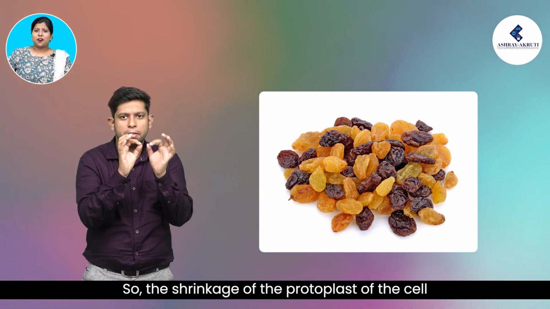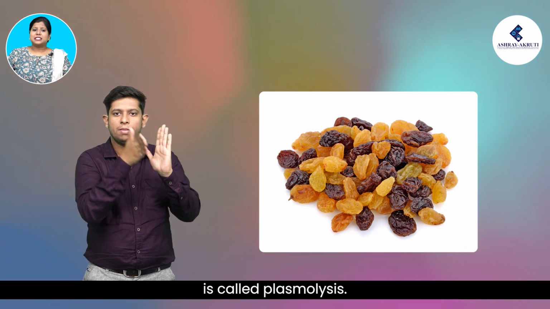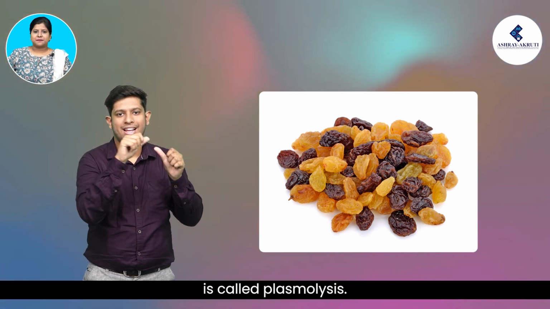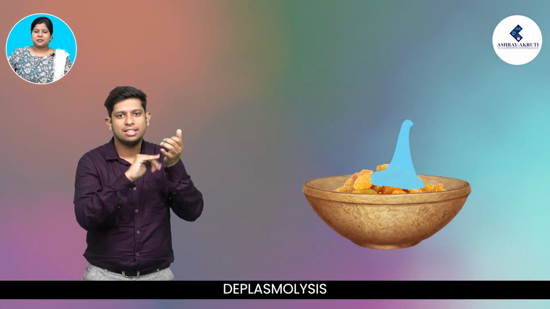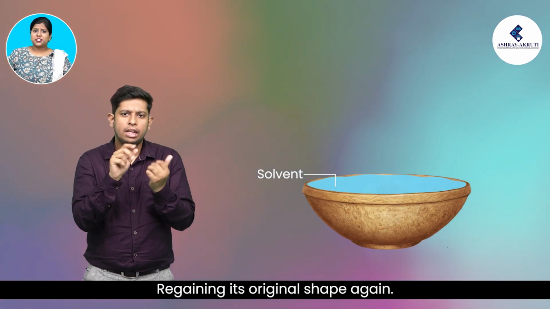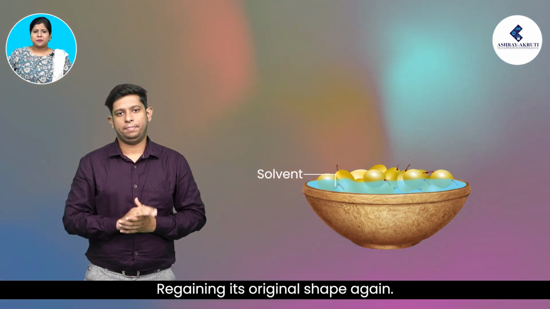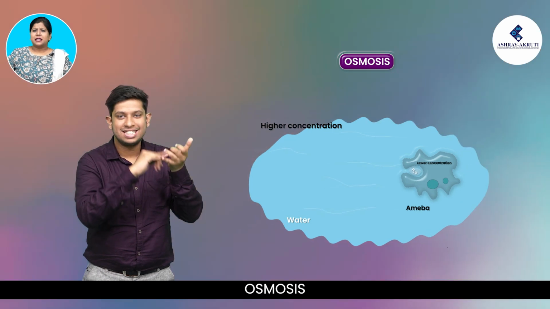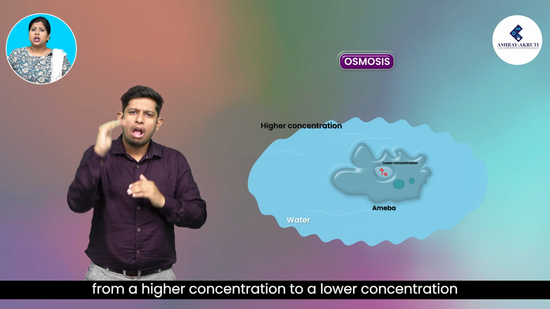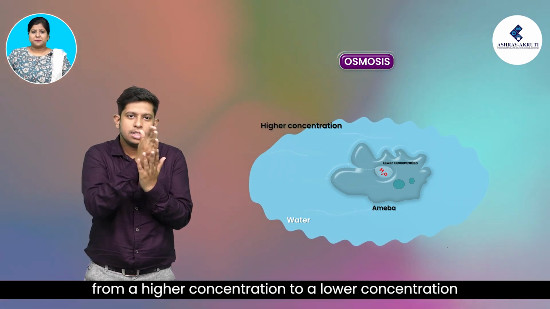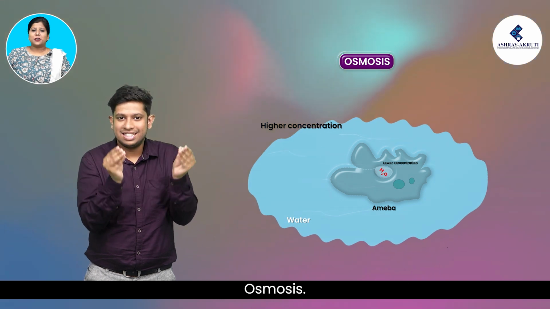So, the shrinkage of the protoplast of the cell from its cell wall is called plasmolysis. Deplasmolysis, regaining its original shape again. Osmosis: the movement of water or solvent from a higher concentration to a lower concentration through a semi-permeable membrane is called osmosis.